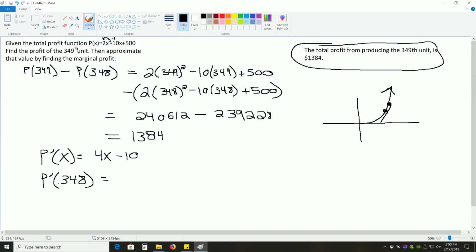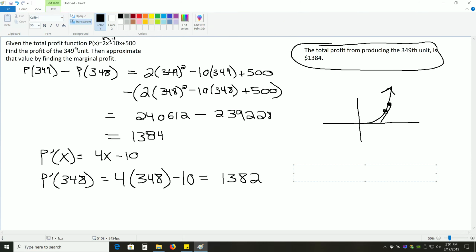So we plug in 348 into the derivative. That gives us 4 times 348 minus 10, leaving us with 1,382. And again, we will just finish this by putting in a sentence answer.